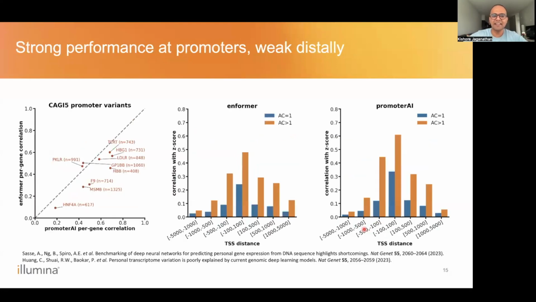Lastly, one other thing I want to point out: there are the two papers I mentioned before, which do mention that these models tend to have a lot of issues with personal genome prediction, and there are some asterisks there. One thing that often gets mentioned is that these models are very good at inter-gene prediction, but not so much intra-gene predictions. We do not believe that is true.